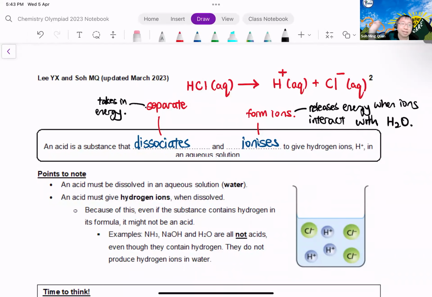Therefore, ionization in this case and the dissolving of the ions releases energy. So on the whole, the overall reaction releases more energy than it takes in. And that's why dissolving an acid in water is actually exothermic. It releases more energy than it takes in. All right, for my Sec 4 students.